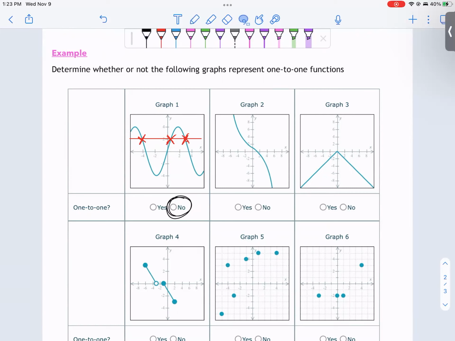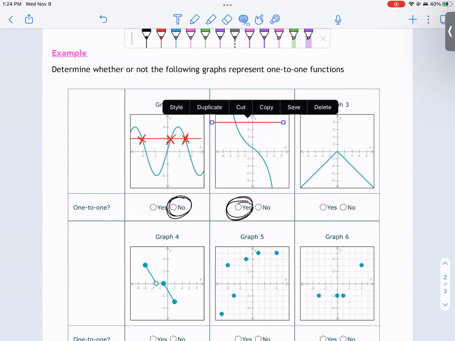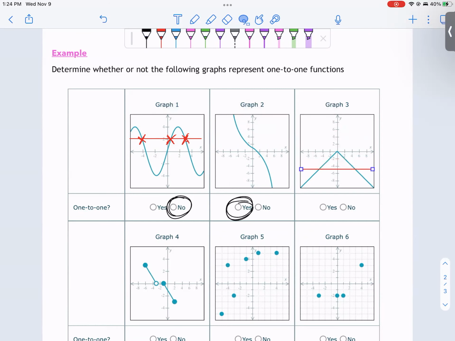This one here, any line we draw is only going to hit the graph once, so this is a one-to-one function. Over here, down here, I am hitting the graph twice, so this is not a one-to-one function.